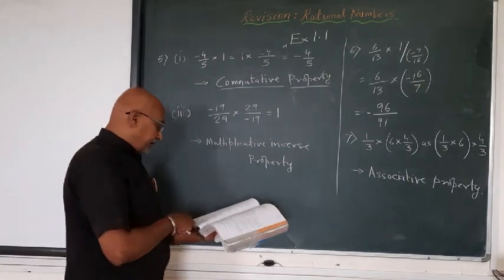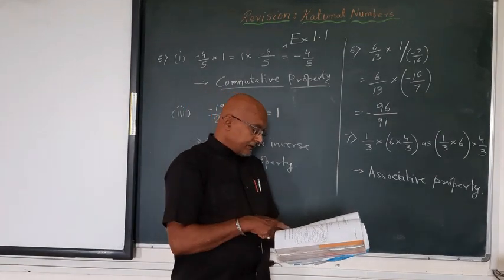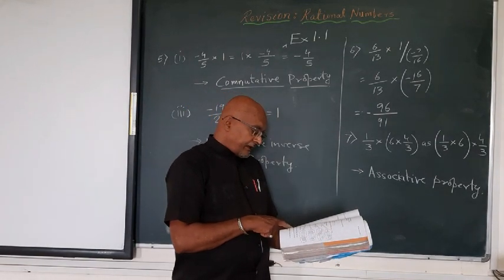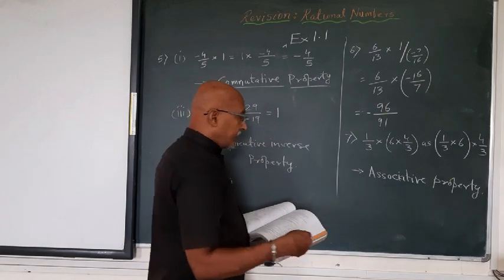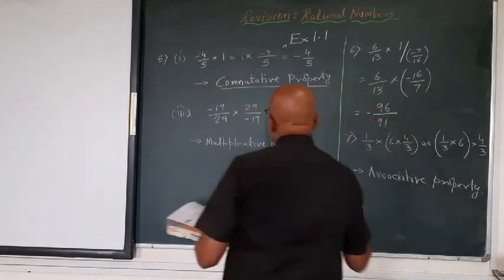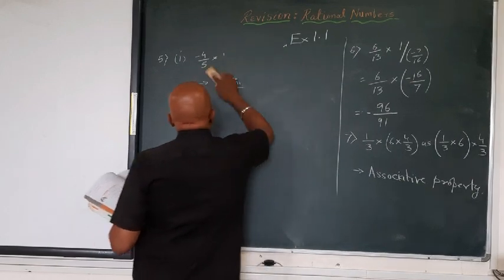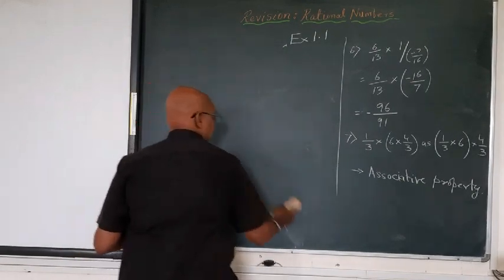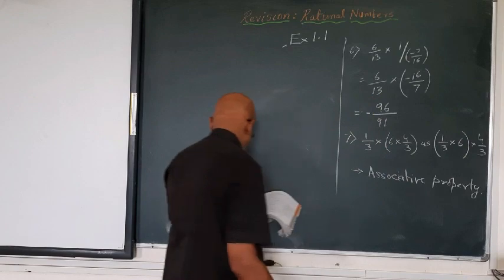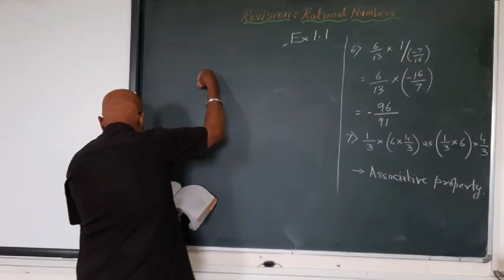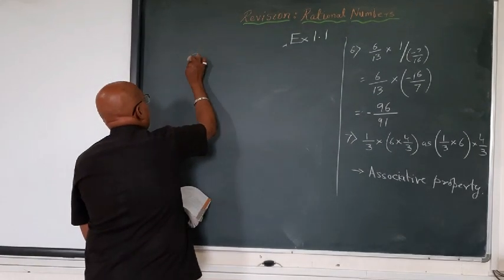Is 8 by 9 the multiplicative inverse of minus 1 and 1 by 8? Why or why not, that we have to explain. Is it the multiplicative inverse or not? So here we will write 8 by 9.